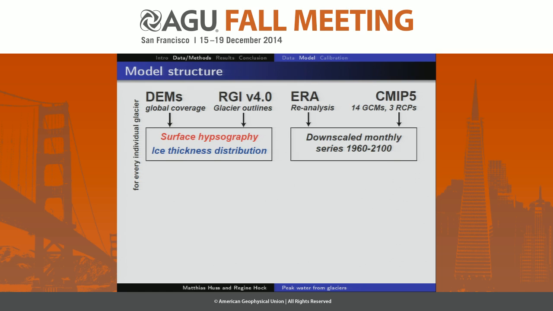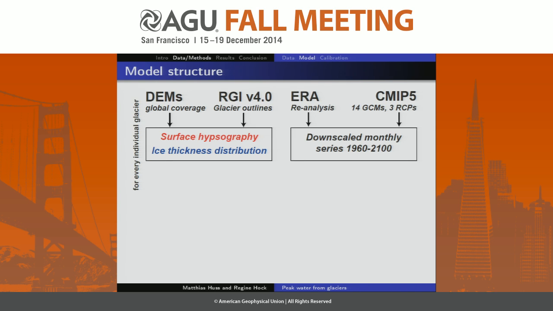So very shortly to the model structure. The ingredients are, as said, a DEM and a glacier inventory to derive glacier geometry. And then we use ERA reanalysis data and CMIP5 climate models to get downscaled monthly time series for the past and into the future.